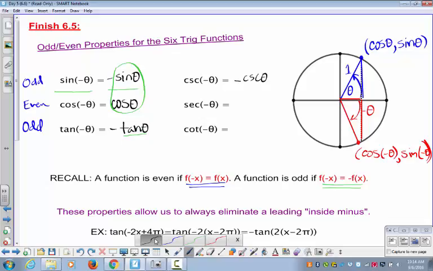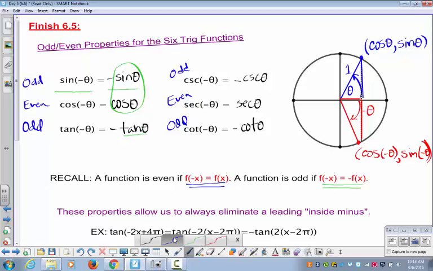The reciprocal of cosine is secant. The reciprocal of tangent is cotangent. And that allows us to conclude that this one is definitely odd because the minus jumps to the front. This one's definitely even because the minus disappears. And that one's definitely odd because the minus jumps to the front.